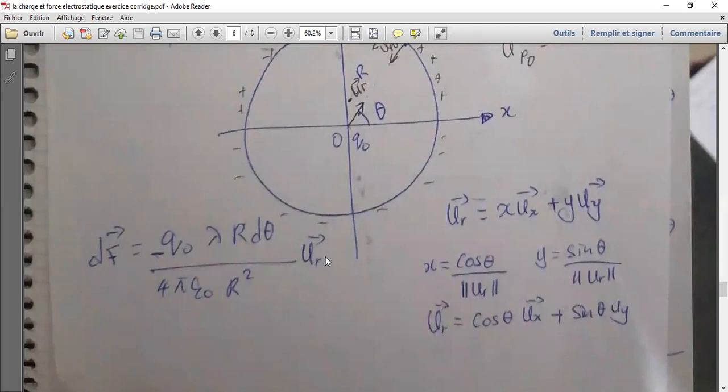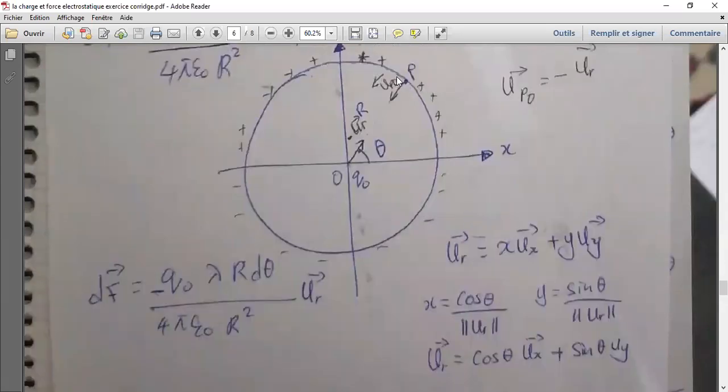So you should know that your UR, since we have said that UR represents the radius, which is OP, is equal to X UX. If you remember, imagine not this circle, but a Cartesian coordinate system.